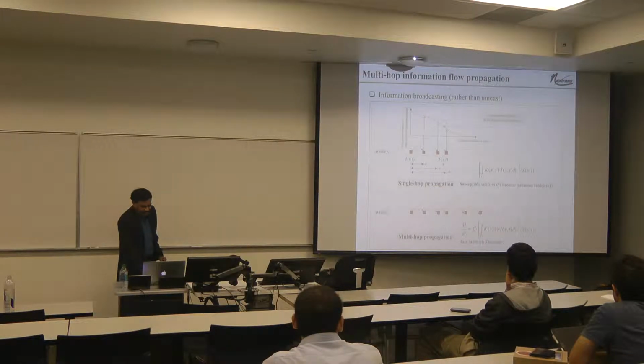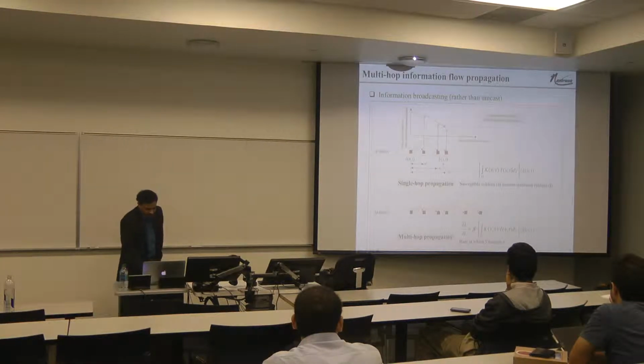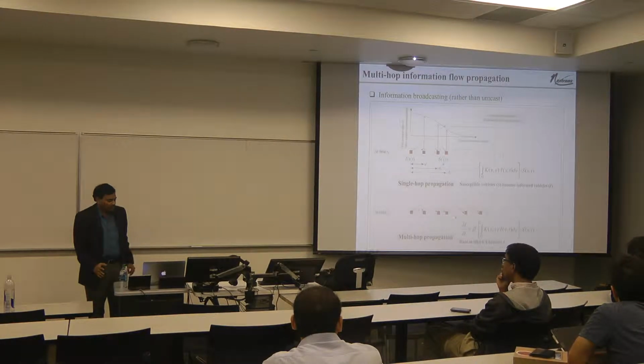And here beta is the communication frequency. That is the mechanism we use to determine how the information spreads continuously. So the single hop simply illustrates what happens from vehicle to vehicle, but here we are talking about all the information seamlessly propagating.